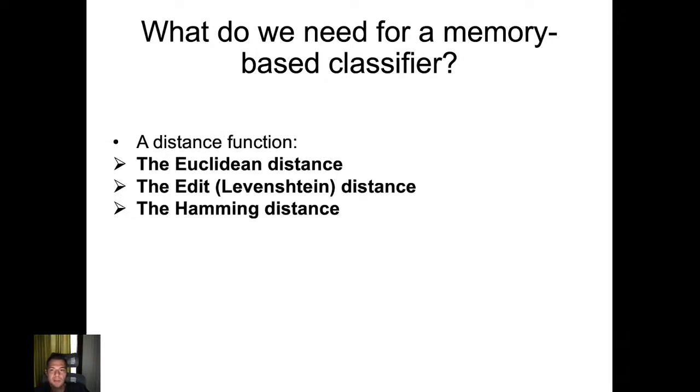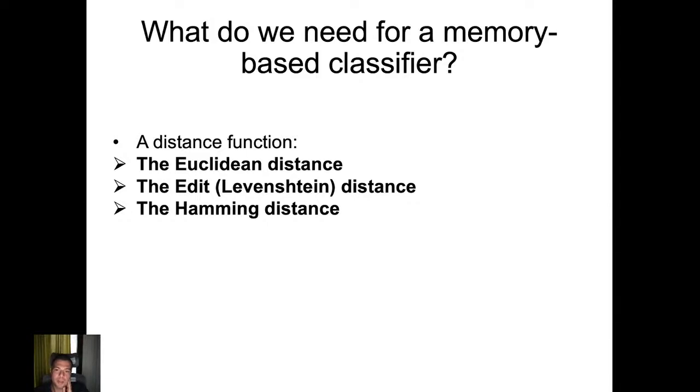It's essentially based on just storing the training data, and then when you get a test example, you just compute the distance from the test example to every training data point. So it doesn't do any learning, it just stores the examples and then tries to match them with the nearest neighbor.